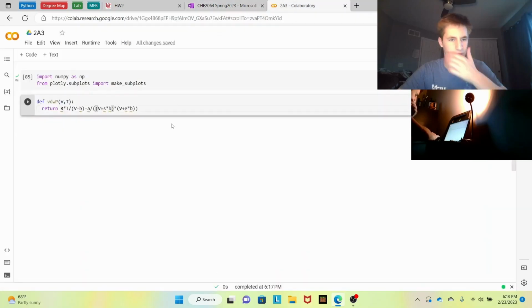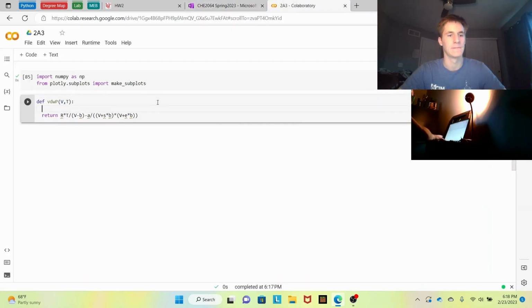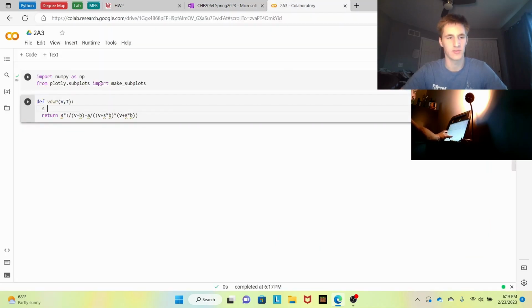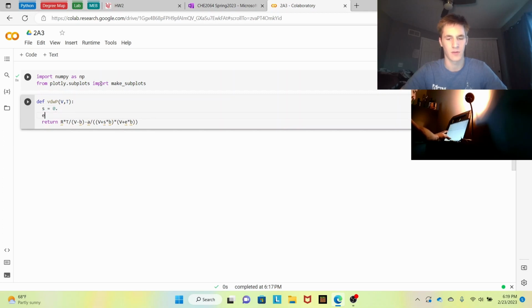Yes. All right. So now we see we need our alpha or our A value, B, sigma, and epsilon. So if we scroll down to this parameter assignments table, we can see sigma and epsilon are both equal to 0. So let's set those equal to 0.